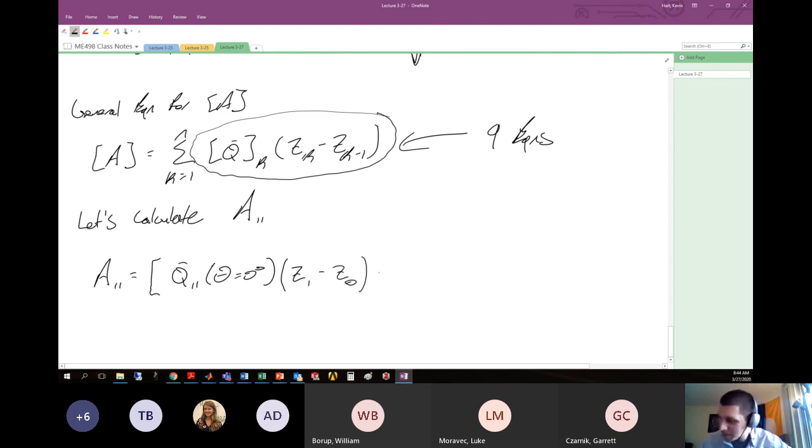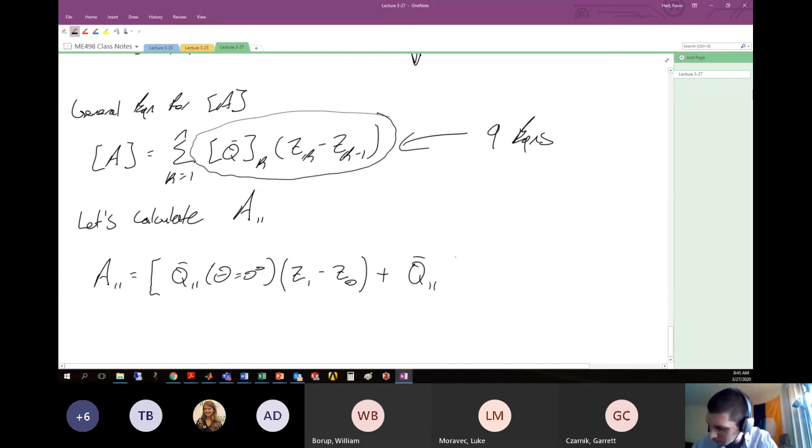This is the contribution of layer number 1: the stiffness in the 1, 1 of layer 1 multiplied by the thickness of that layer, Z1 minus Z0. Plus, here we have the contribution of the next layer.